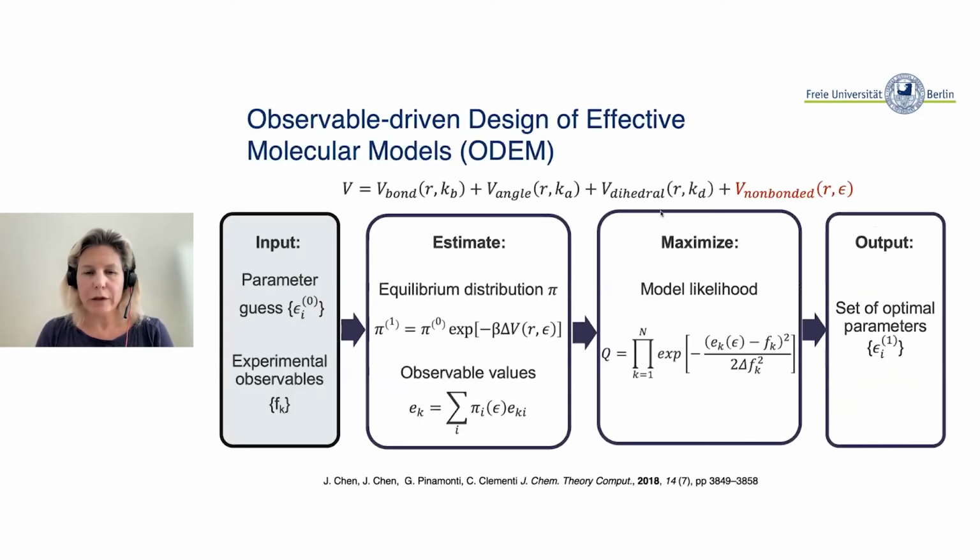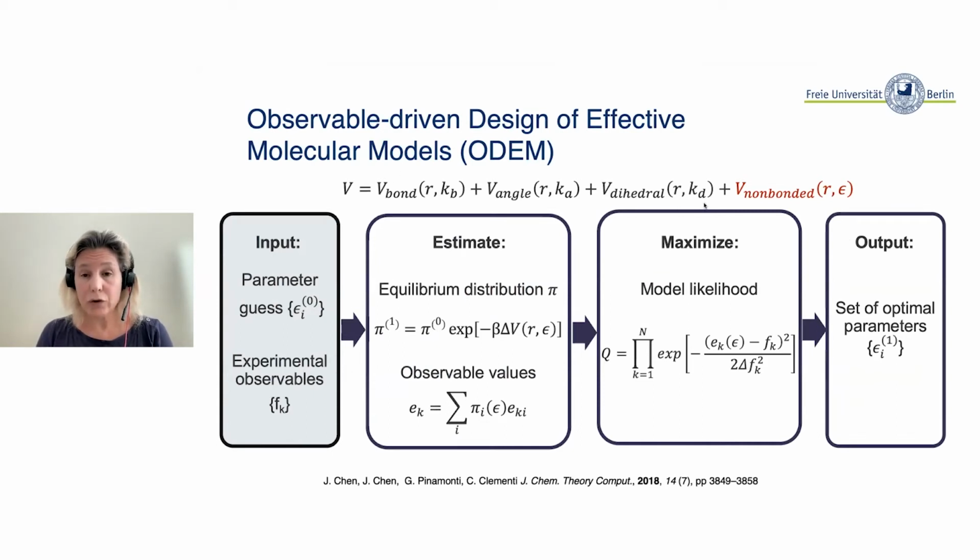A few years ago, we developed an approach called ODEM, Observable Driven Design of Effective Molecular Models, that takes global observables from experimental data, like free energy or FRET measurements or NMR data, and you'll see later some examples, and tries to define a coarse-grained model to reproduce this data.